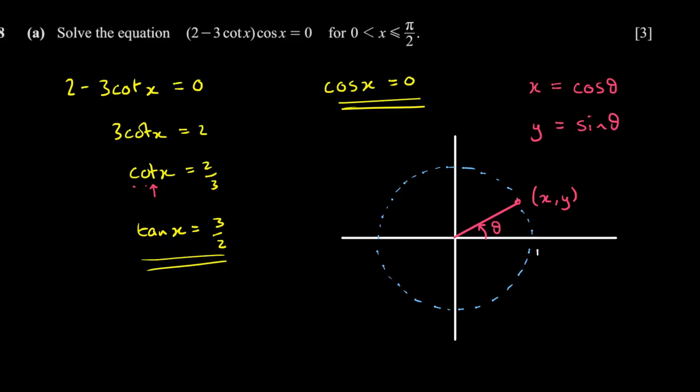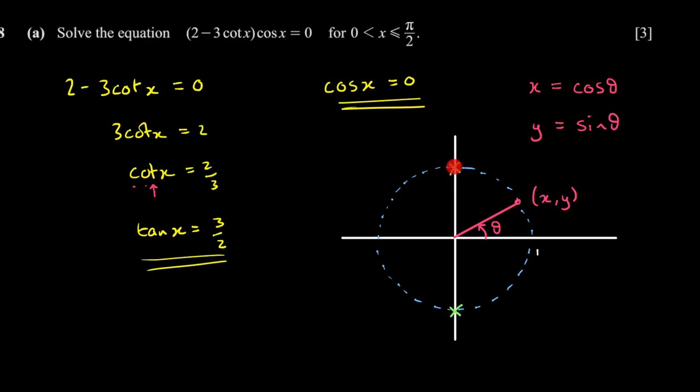So let's imagine this guy. We're trying to solve cos x is equal to 0. So what we're really trying to do is find where the x-coordinate is equal to 0, right? Because cos tells us the x-coordinate. So we want to find on this circle where the x-coordinate is 0. Well, there are two places. We've got a place that's here, and we've got a place that's here, because in both of these locations, the x-coordinate is 0.